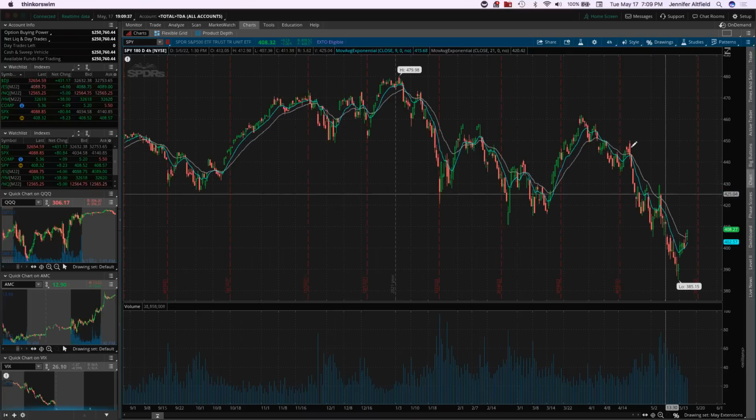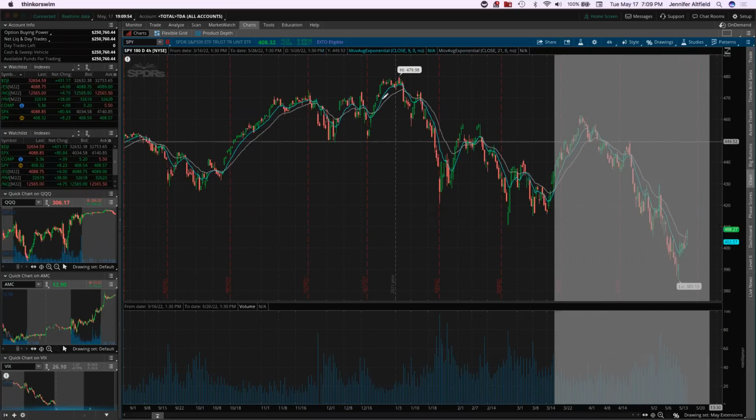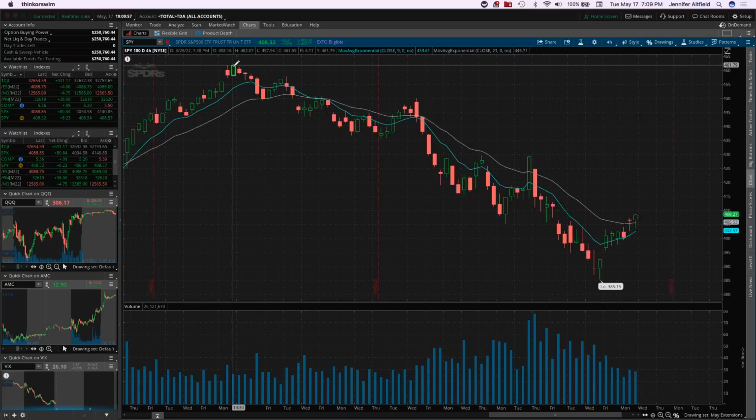And real simple Fibonacci's, I'm looking for where the sell-off starts as my high. I'm looking for highs where the sell-off begins down to my recent low. Okay. So right off the bat, I'll tell you that I love this level right here.